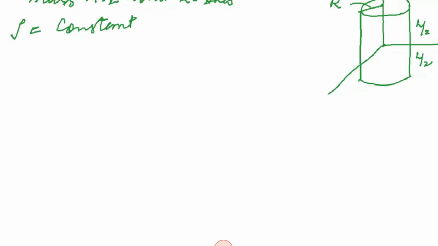Now this problem will again be solved in the form of shell elements, because these cylinders, cones, and spheres are usually shell elements. Their mass moment of inertia is again calculated in the form of shell elements, and thus single integration is to be used.